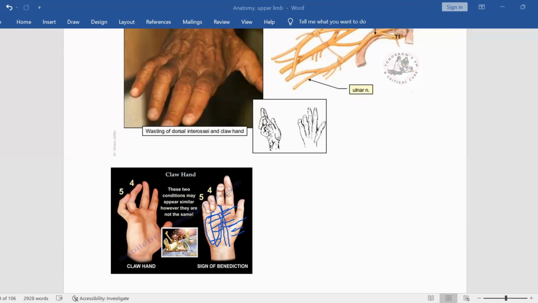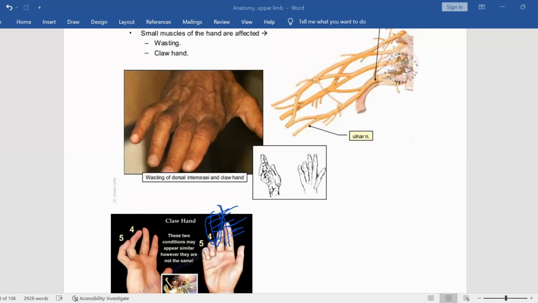If there is complete lesion or complete cord compression at cervical 8 or thoracic 1, there will be complete claw hand.